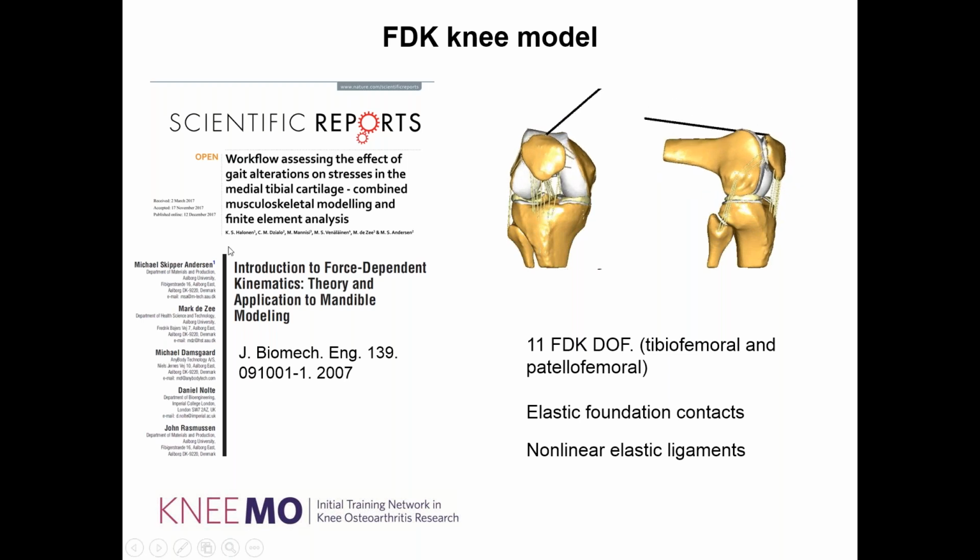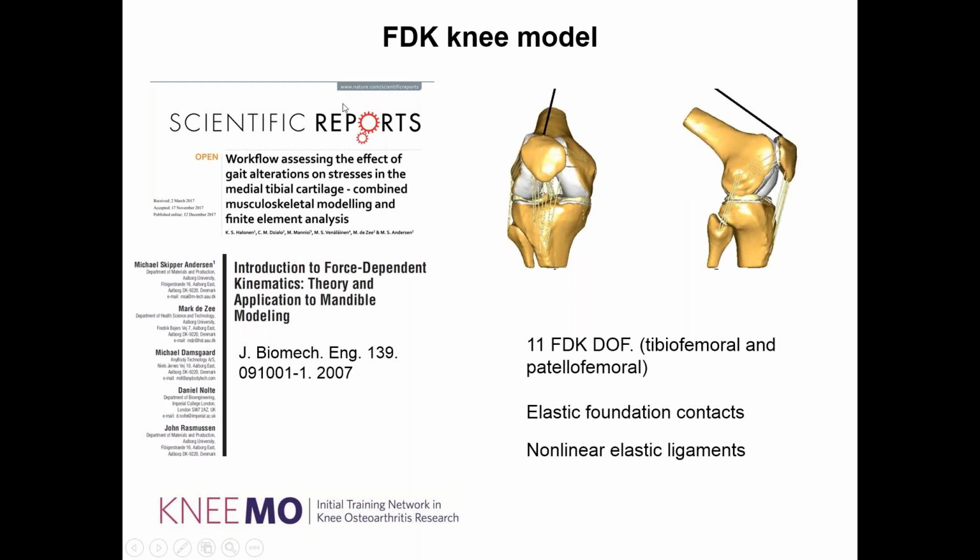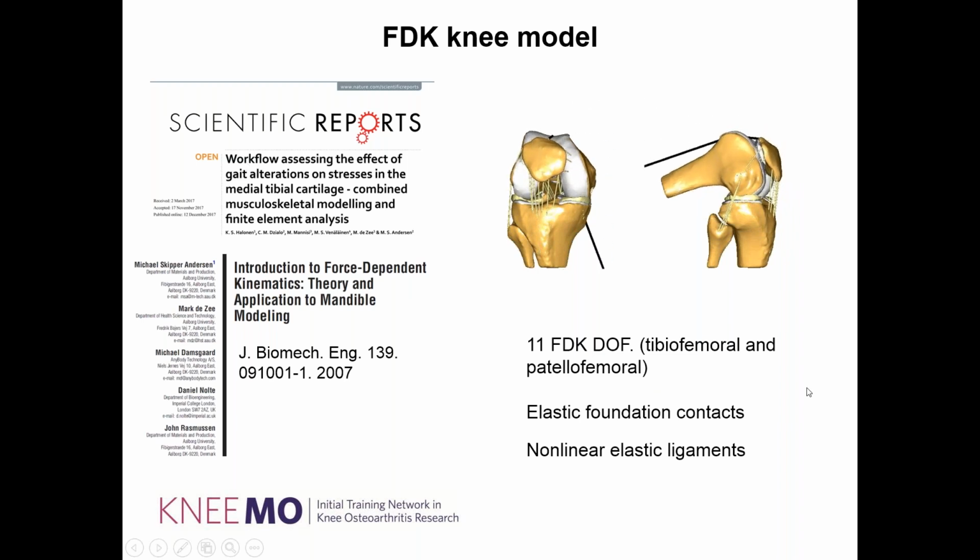And there's one relatively recent paper out about how we do these, called Introduction to Force-Dependent Kinematics. It's also described in this paper in Scientific Reports where the whole workflow is published.